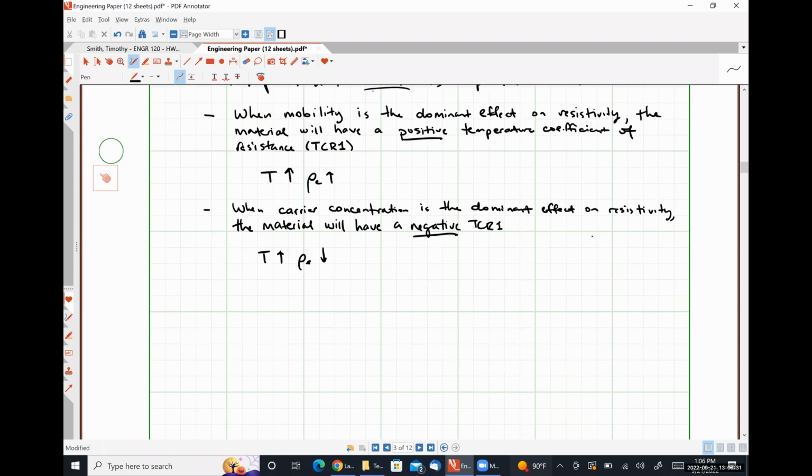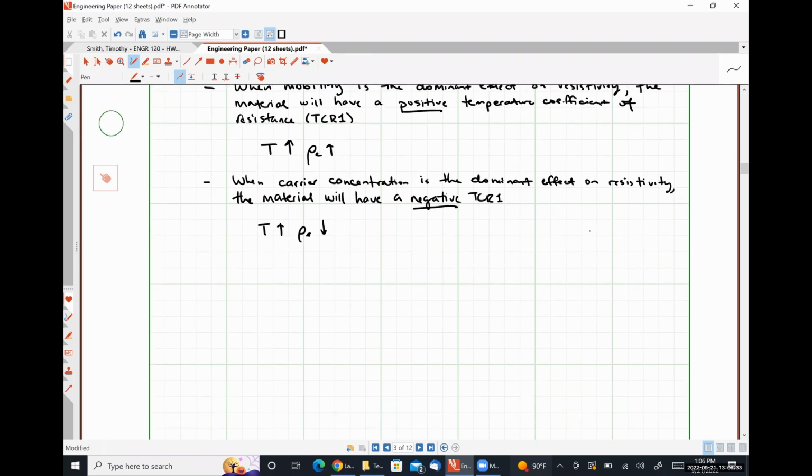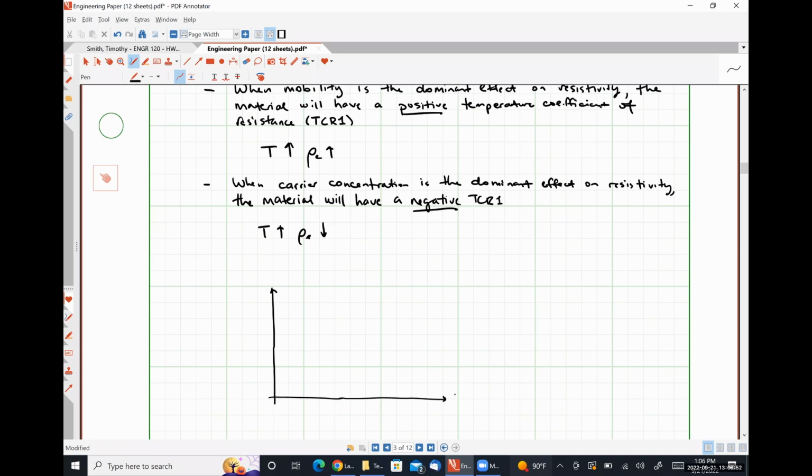So in general, for a silicon-based device, we get a curve that looks something like this. Our horizontal axis is temperature measured in degrees Celsius or Kelvin.